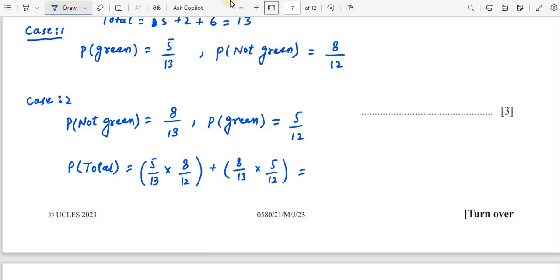Multiplying these values and then adding, we get 20 over 39. So the final answer is 20 over 39.